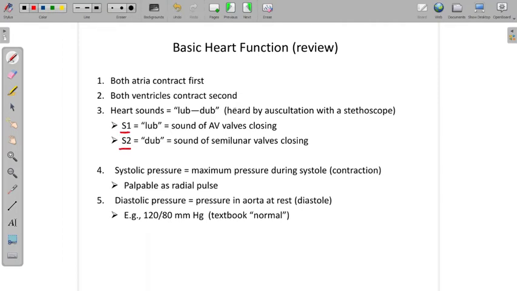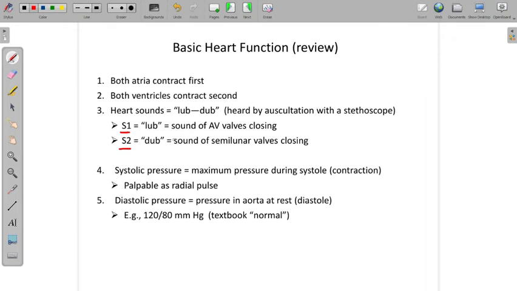The lub is the sound of the AV valves closing. So when the heart contracts, the AV valves snap shut, and that creates turbulence in the blood, and you hear that as the lub sound. And when the AV valves close, of course, it prevents blood from blowing back into the atria. We don't want it to go backwards. The second sound, the dub, is the sound of the semilunar valves closing, the pulmonic and the aortic valve.